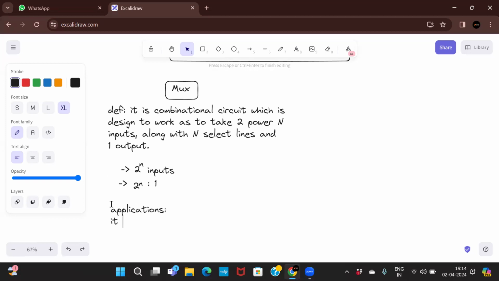Applications: it is used in communication systems and telephone networks.